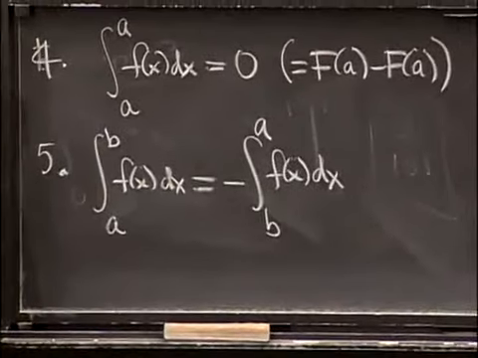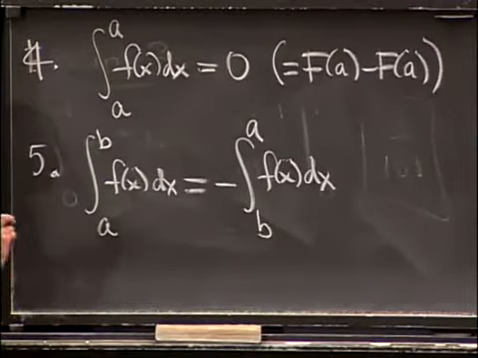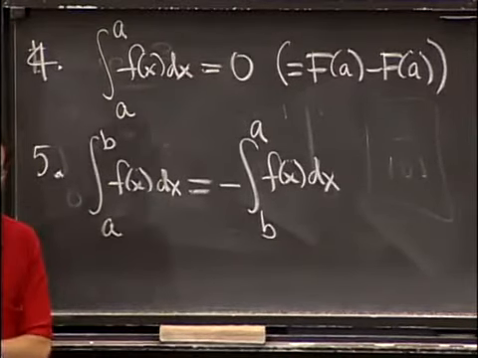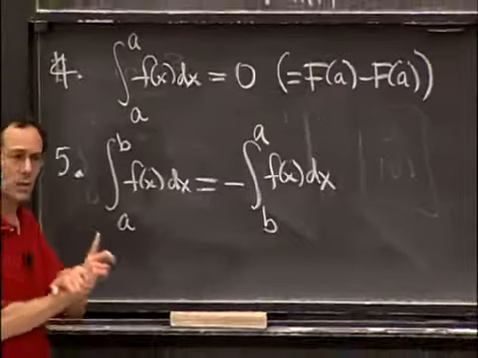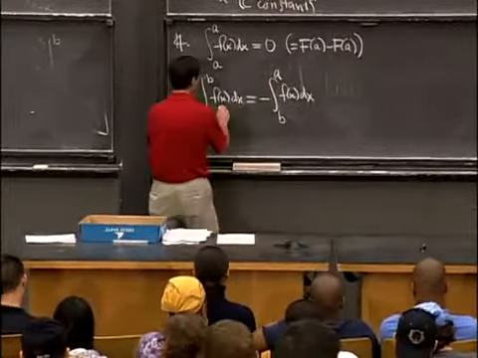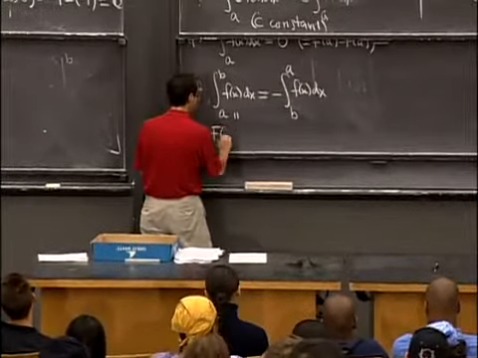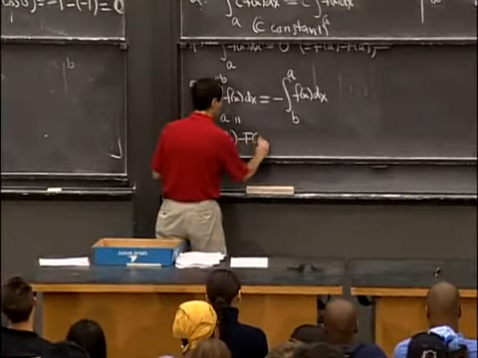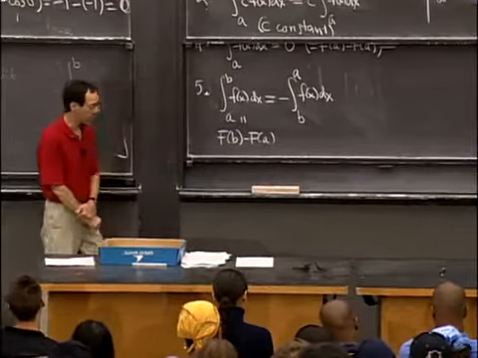And the reason for all of these is, again, that we want them to be consistent with the fundamental theorem of calculus, which is the thing that makes all of this work. So if you notice, the left-hand side here is F of b minus F of a, capital F, the antiderivative of little f.